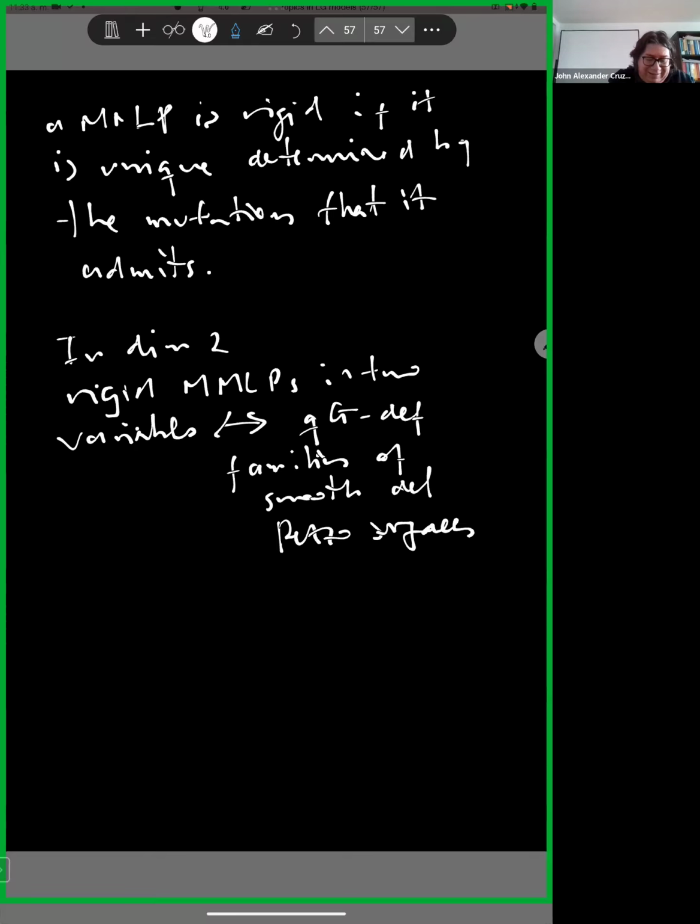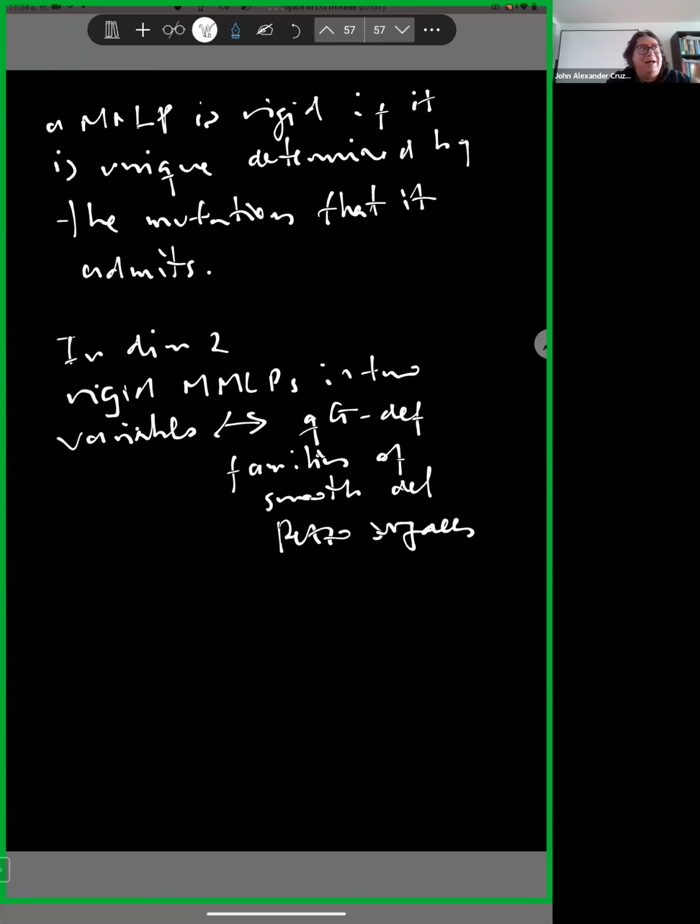There is a similar result for dimension three. You get the 105 families. The problem is that in higher dimensions we really need to care about terminal singularities, right?